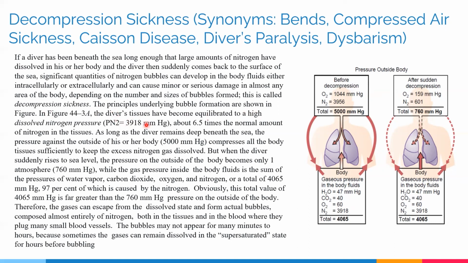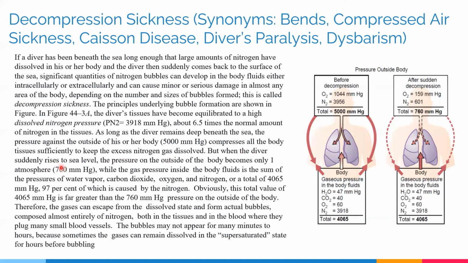In the figure, the diver's tissues have become equilibrated to a high dissolved nitrogen pressure, a PN2 of around 3980 millimeters of mercury, about 6.5 times the normal amount of nitrogen in tissues. As long as the diver remains deep beneath the sea, the pressure against the outside of his body, which is 5000 millimeters of mercury, compresses all the body tissues sufficiently to keep the excess nitrogen dissolved.